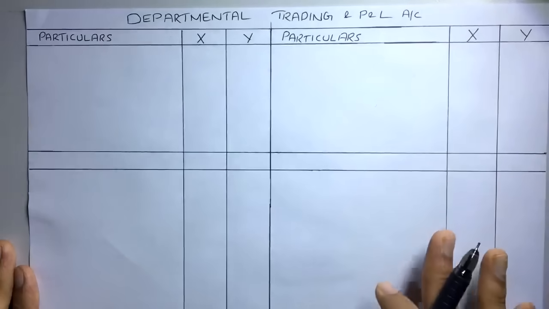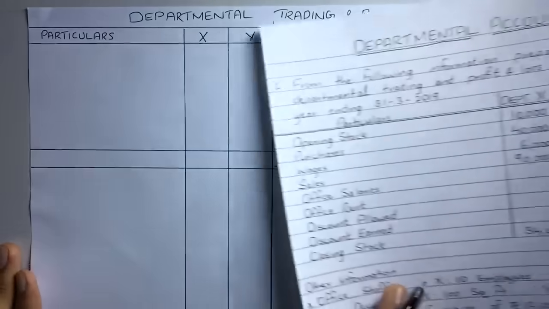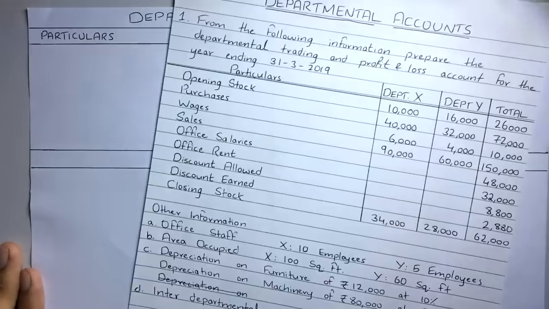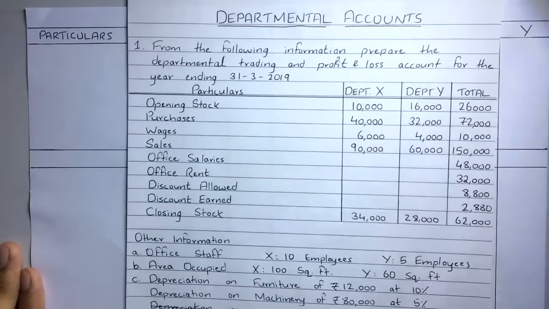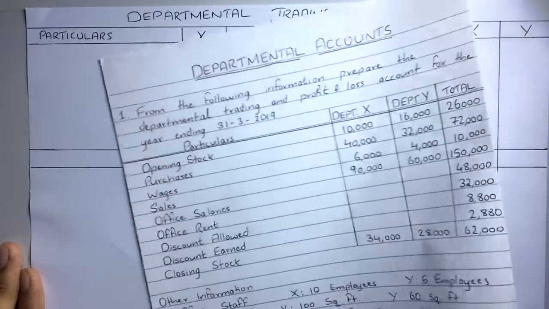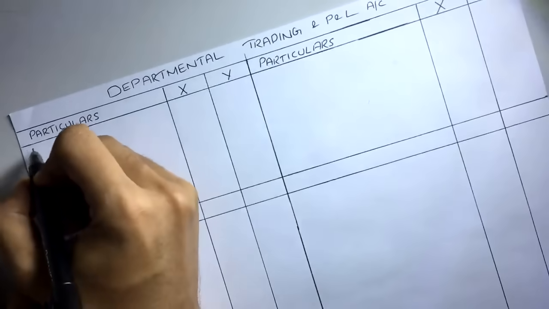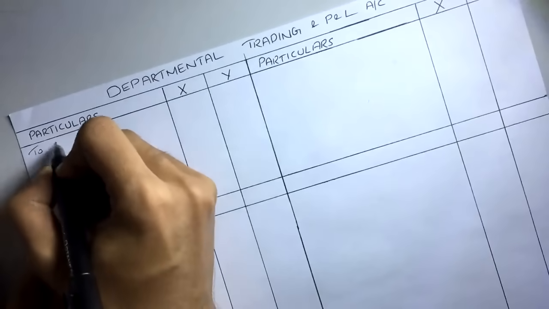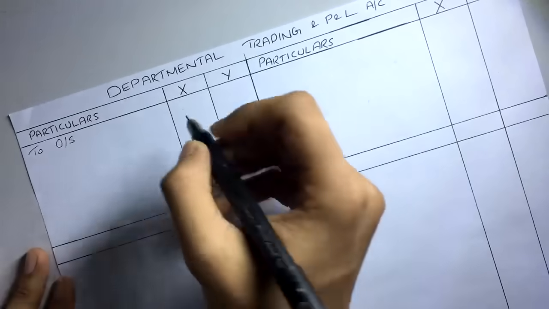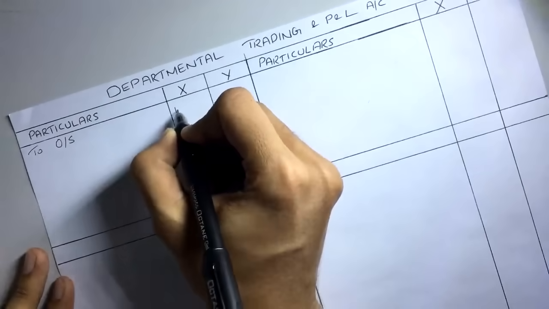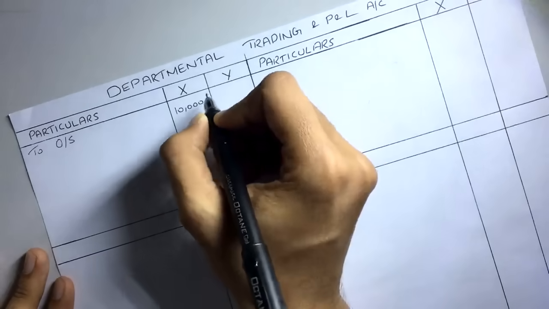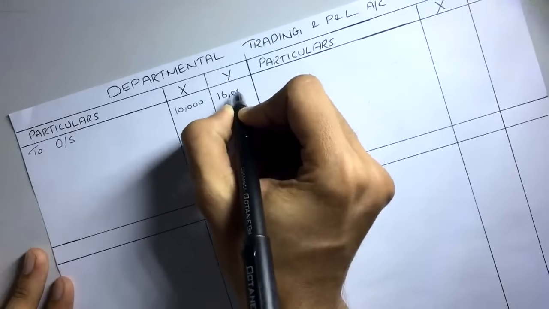Okay, so let's start. The first thing they have given us is opening stock, and we know opening stock is always debited in the trading account, so we will debit that 10,000 and 16,000. To opening stock, I'm writing short form, you write the whole. 10,000 and 16,000, it's given in the question.